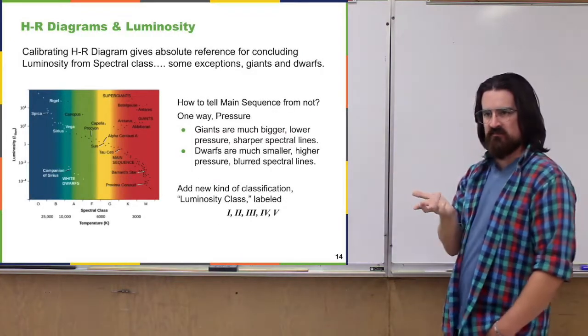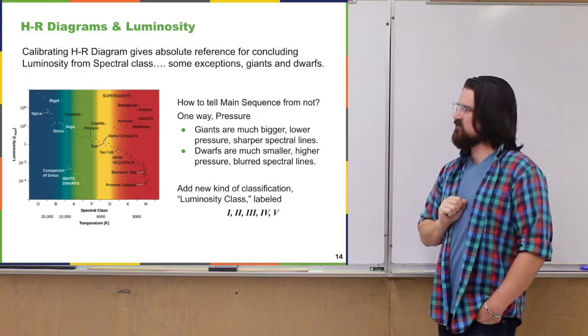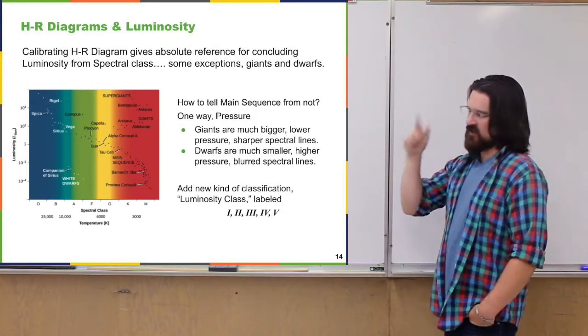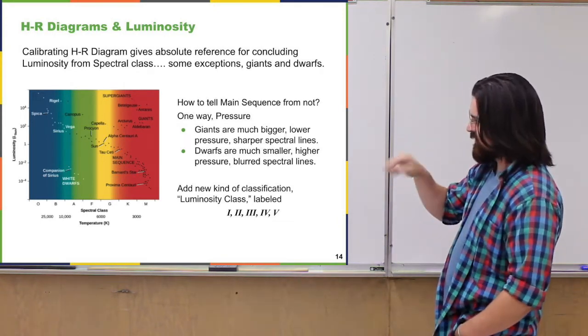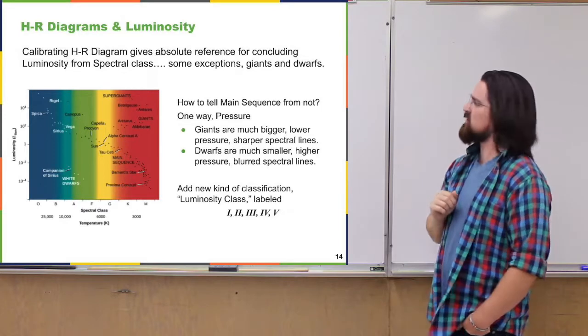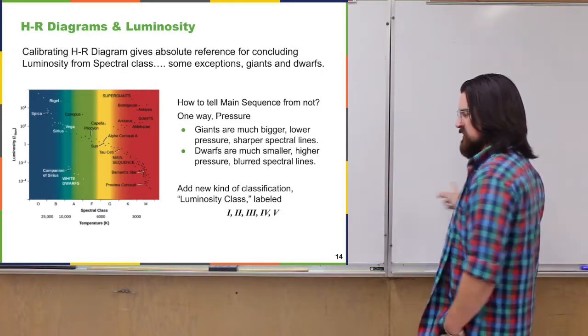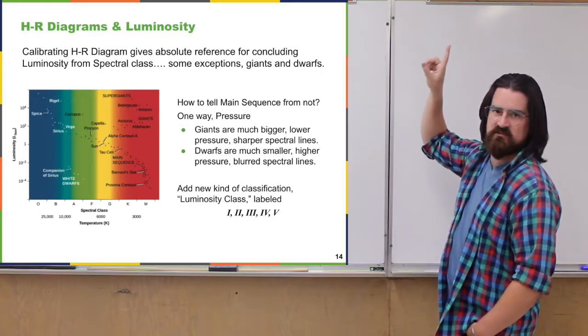So I snuck into the earlier calibration for these Cepheid variables, or variable stars in general, a sort of calibration of the HR diagram. So brought back this HR diagram. To remind you, this is plotting temperature increasing from right to left along the bottom, and then luminosity vertically.